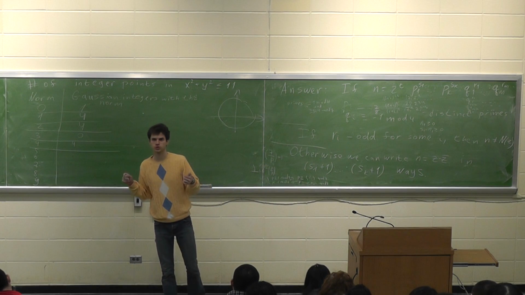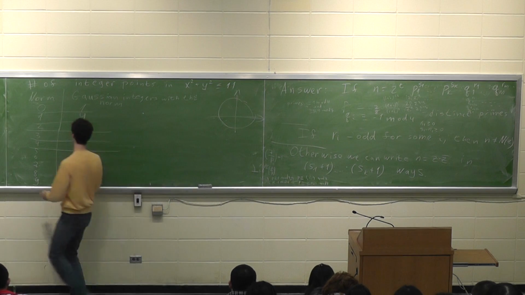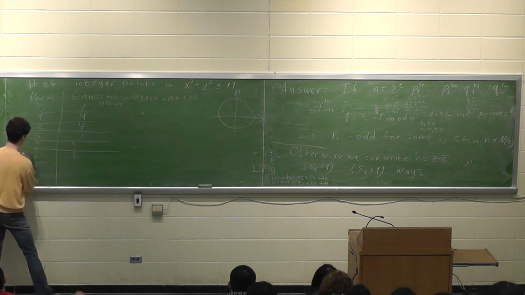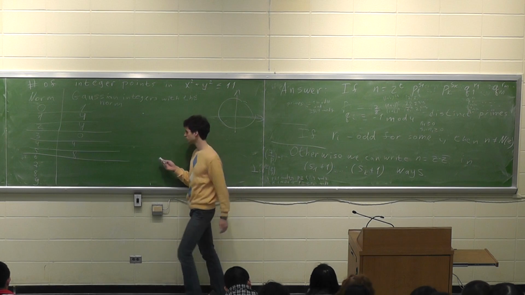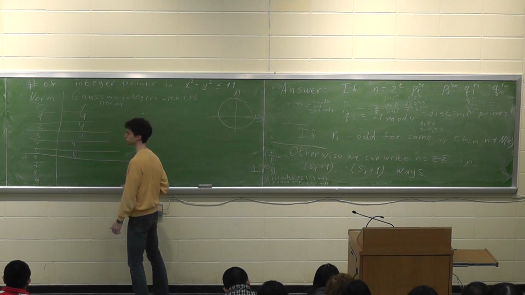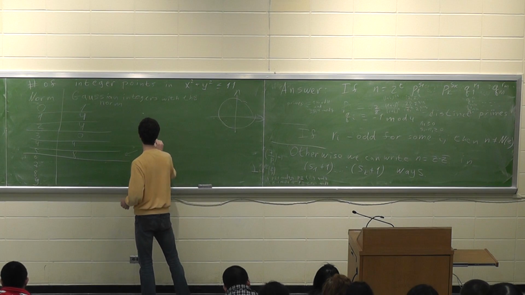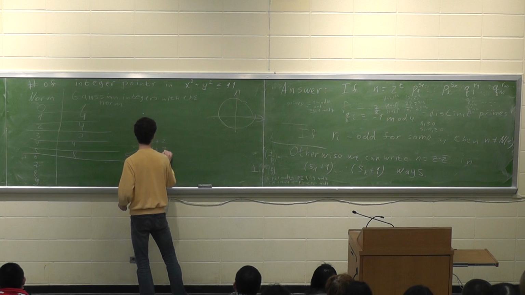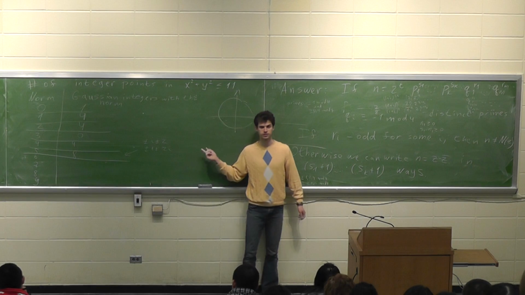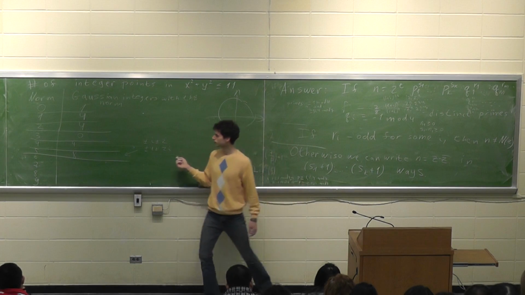So we have 4 choices of units. So 4 times 2 is 8. And once again, it's very easy to understand what these 8 numbers are. If we actually want to write them down, it's plus minus i plus minus 2 and plus minus 1 plus minus 2i. These are the 8 numbers.